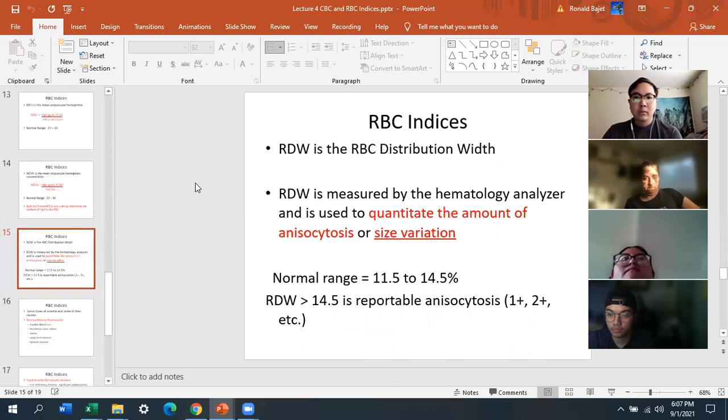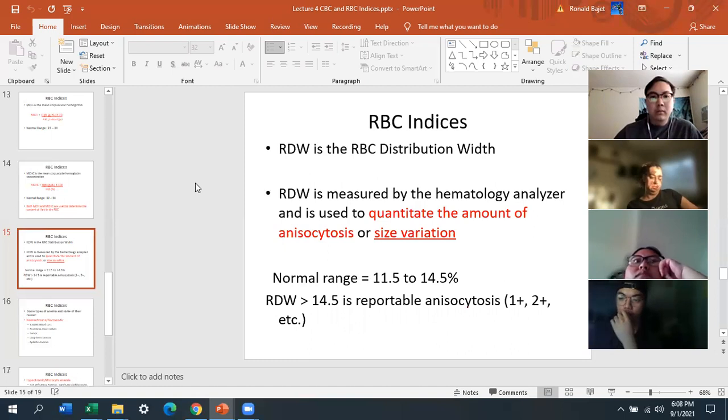RDW is red cell distribution width, RBC distribution width, and it's a measure of anisocytosis, the amount of variation in size. Normal is 11.5 to 14.5. Anything greater than 14.5 is reportable as either 1+, 2+, etc. So if I gave you an RDW, make sure you know the range.